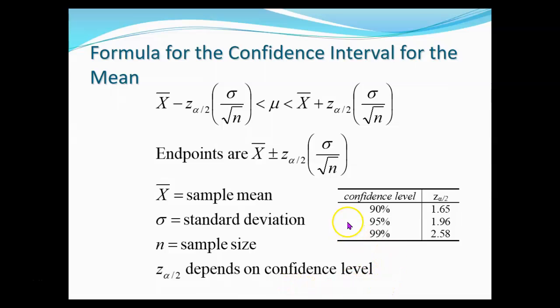The most common confidence levels are either 90, 95, or 99%. This little chart shows you what numbers we'll be using for z sub alpha over 2 for those particular confidence levels.